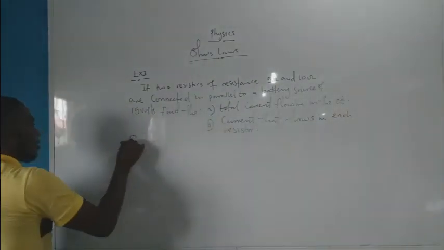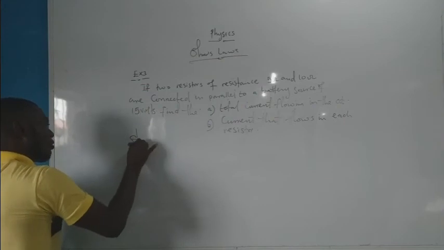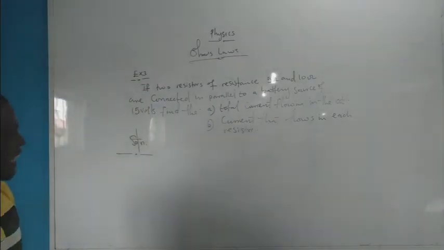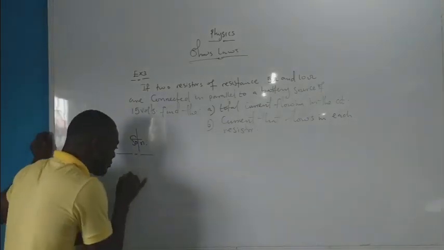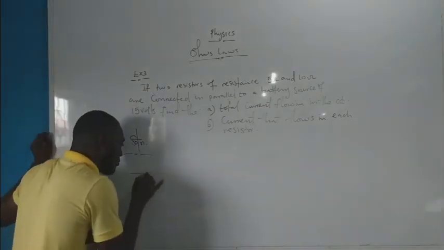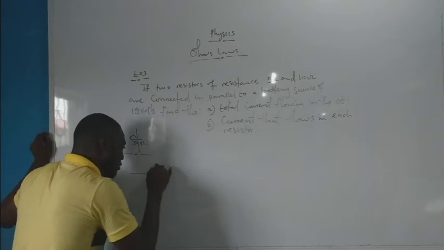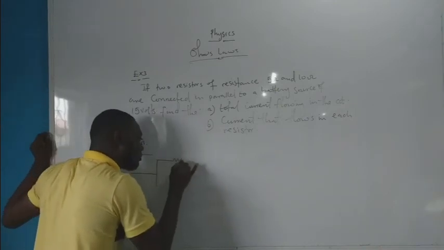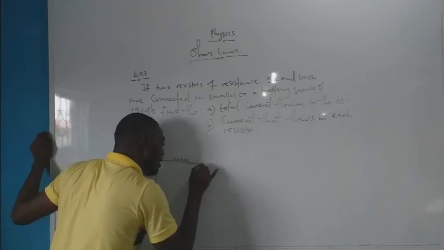Solution. First thing to do is to draw the circuit diagram. So let's have the circuit diagram. We're told that they are connected in what? In parallel.